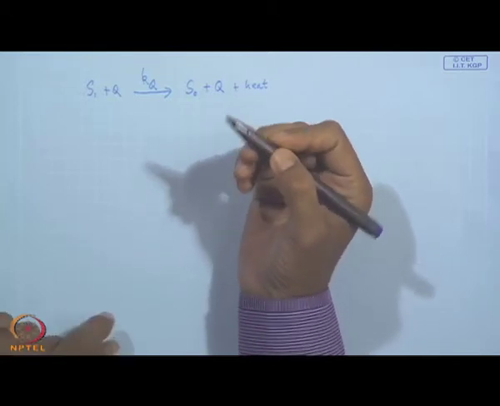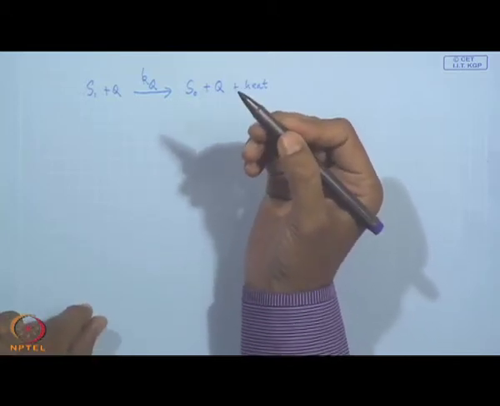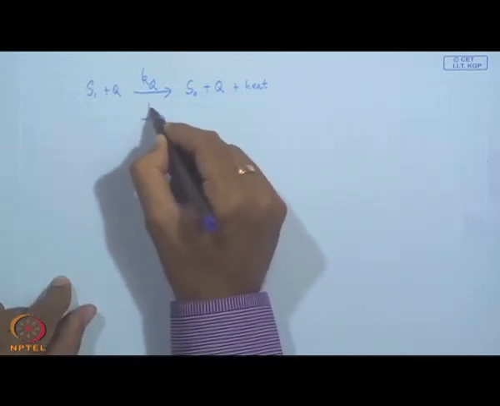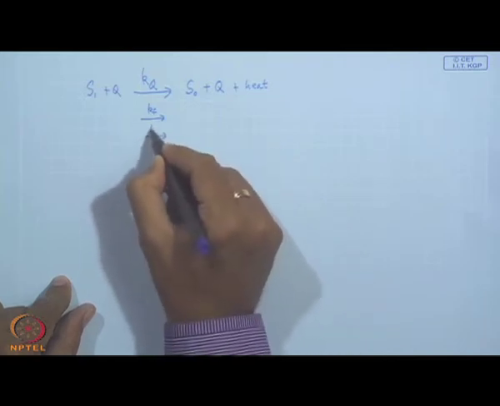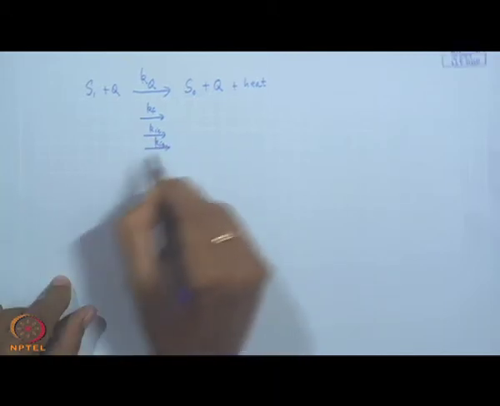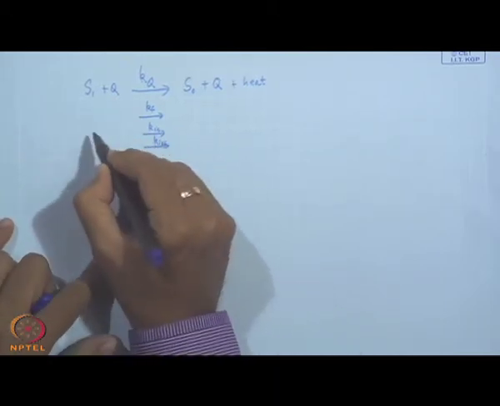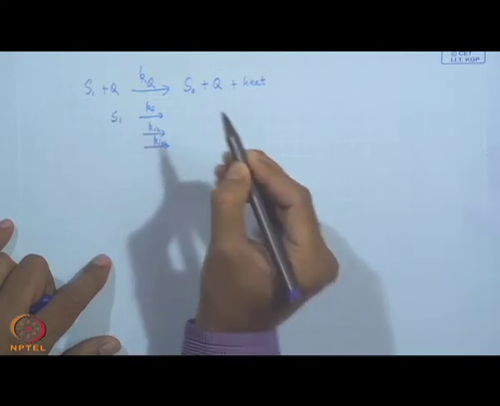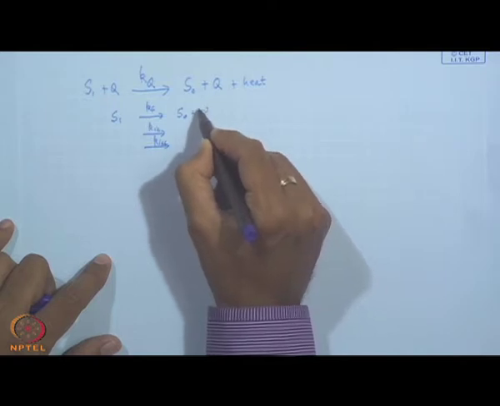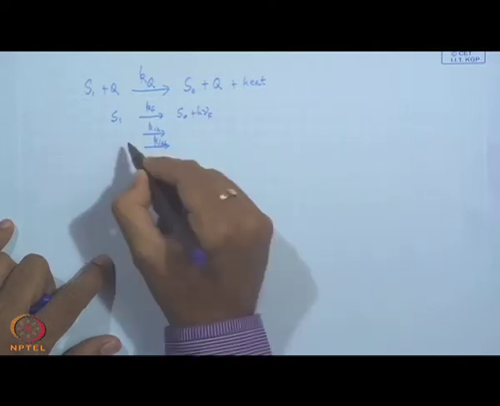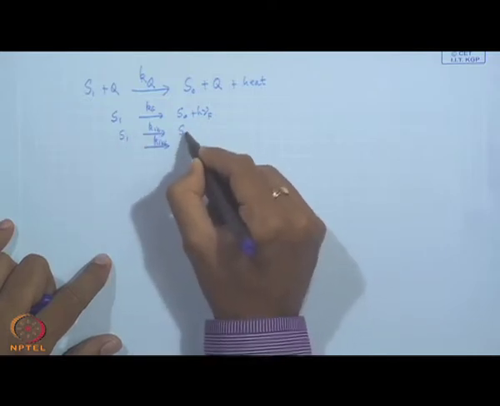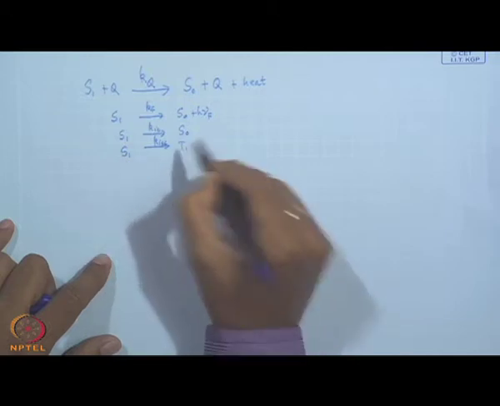The other processes are Kf, KIC, and KISC. Kf means S1 giving rise to S0 plus h nu F. KIC is S1 to S0, and KISC is S1 to maybe T1.